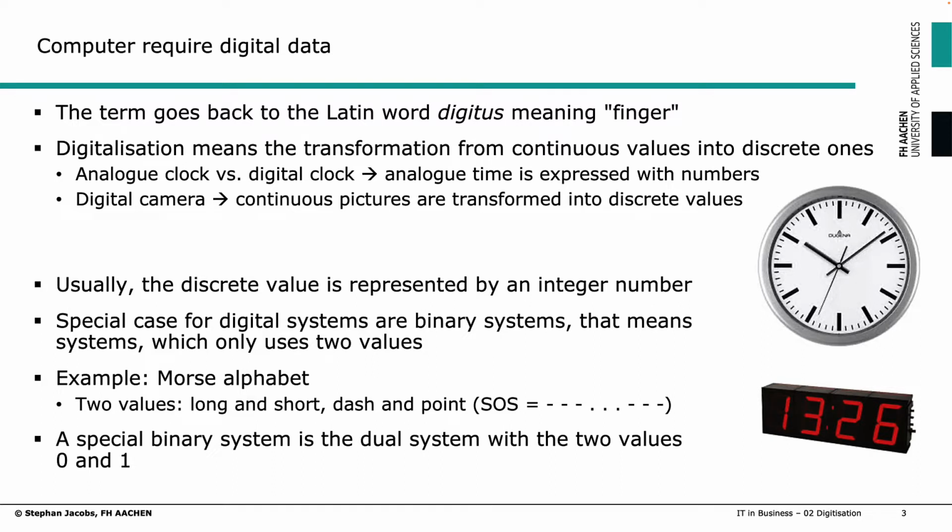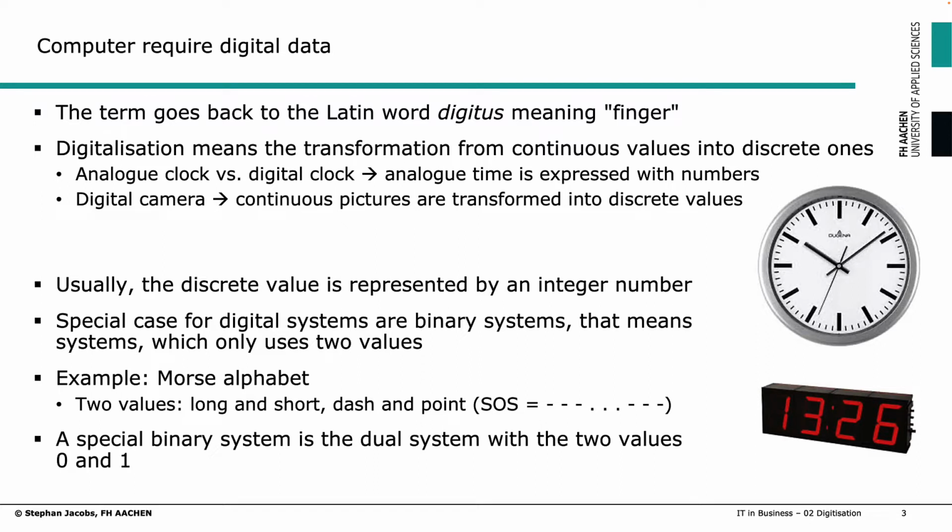In the lower digital representation of the time, we just have 13:00 hours and 26 minutes, and once in a while it will move from 13:26 to 13:27, but there's nothing in between. There are no continuous times, only discrete time stamps which are represented.